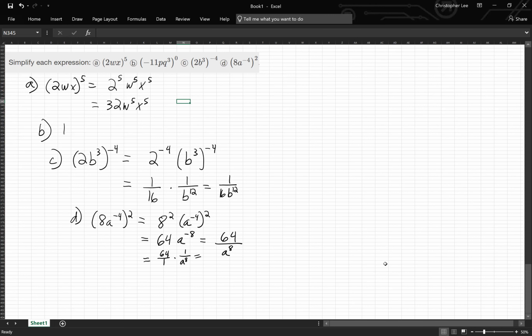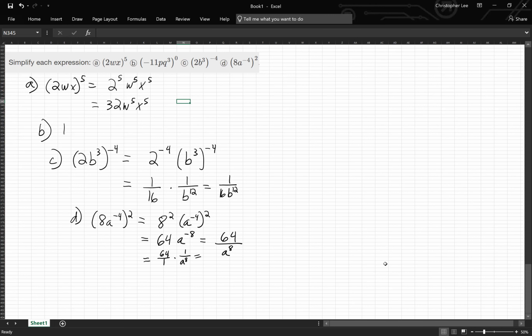For A, I have B over 3 raised to the 4th power. What's going to happen? This is going to become B to the 4th power over 3 to the 4th, which is what? I think it's 81. Y'all should check me. I don't know my times tables that well.